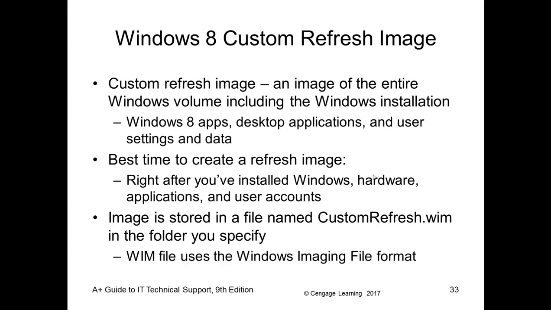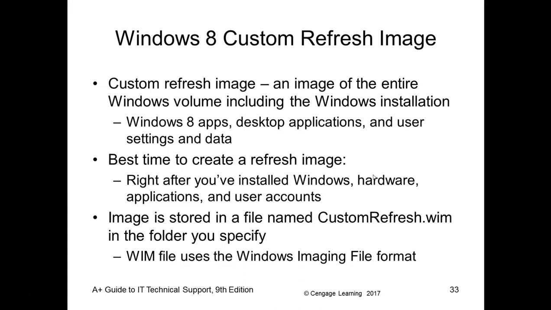Okay, so creating an image. We've kind of talked about this when we looked at installations, but with that, you can create an image very easily by using that create system image link under the backup and recovery.